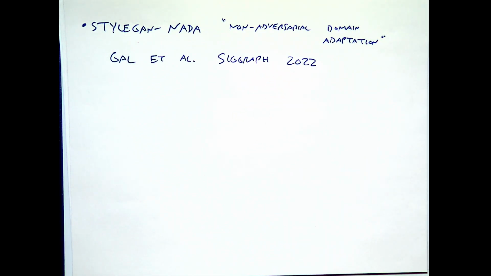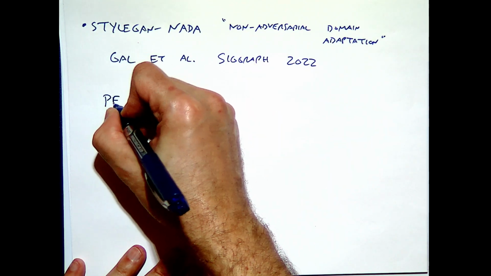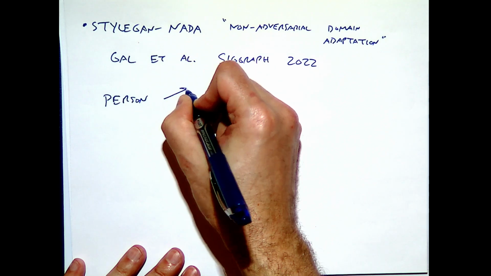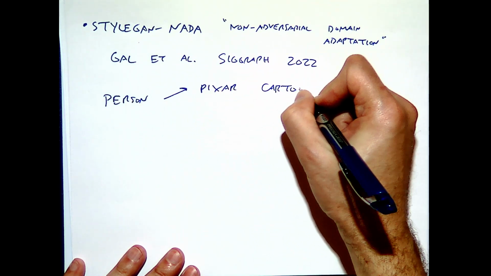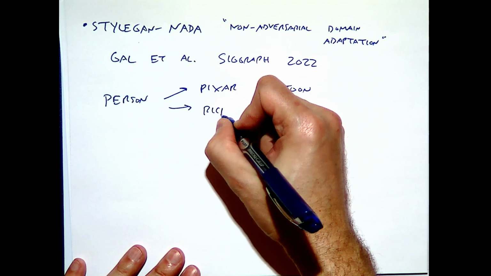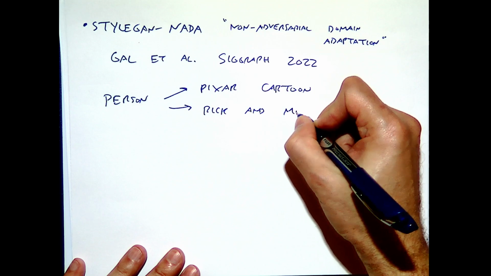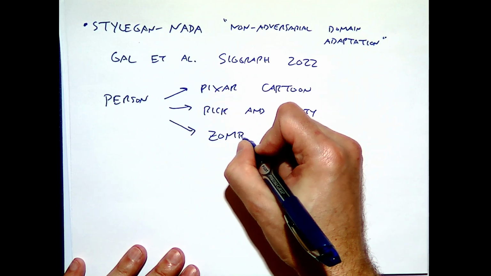And so what domain adaptation means is I want to turn a person into a Pixar cartoon, or into, I don't know, Rick and Morty, or a zombie or something like that.